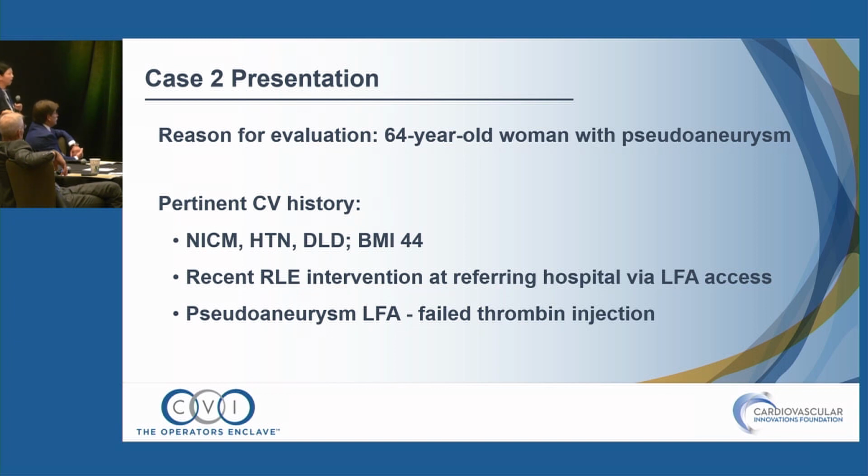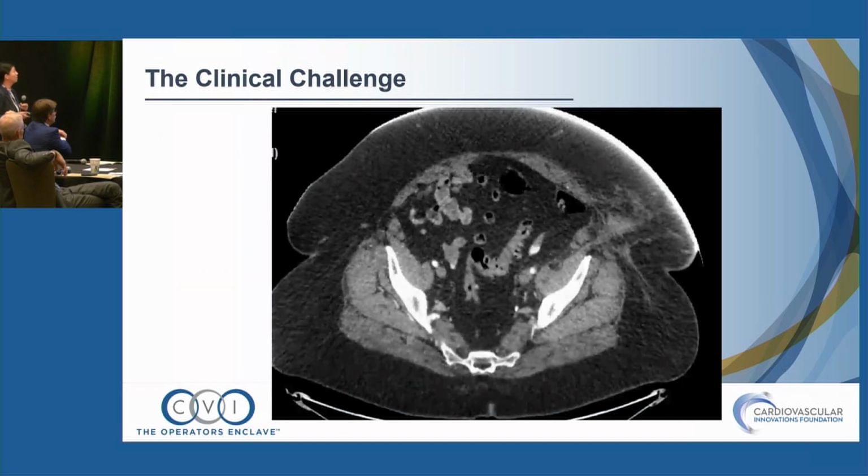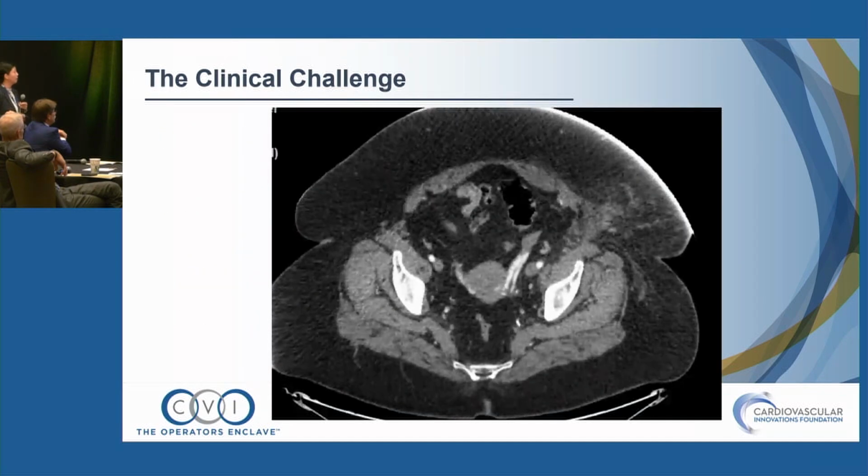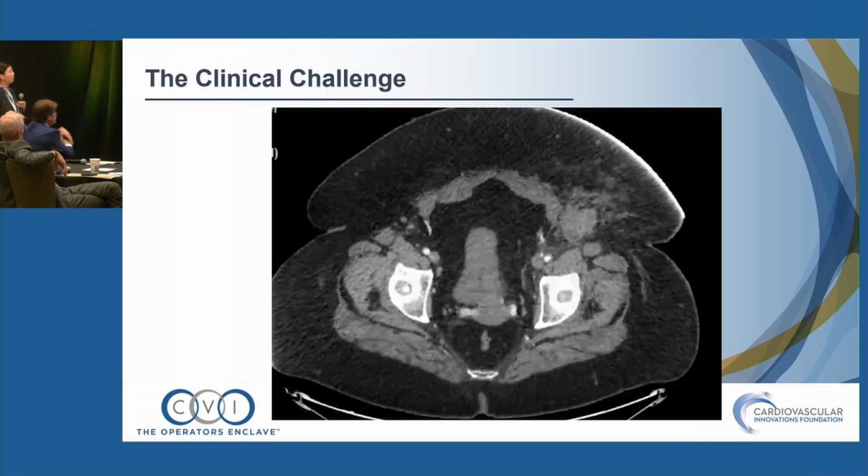She had a recent procedure on her right lower extremity from another facility, complicated by a large pseudoaneurysm on the LFA axis, and they had attempted thrombin injection. The patient was referred to Dr. Colvard for assistance, but you can see why this might be a poor surgical candidate.